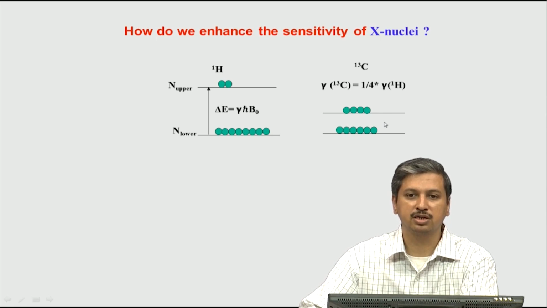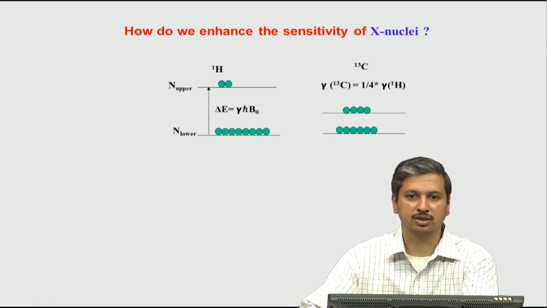The reason is that the sensitivity, that means how much signal you get in NMR, is directly proportional to polarization. So, this is very important. If your polarization is 4 times less for carbon compared to proton, the signal also will be 4 times less in carbon compared to proton for the same concentration, the same magnetic field, at the same temperature.